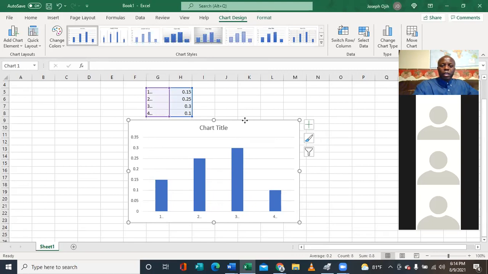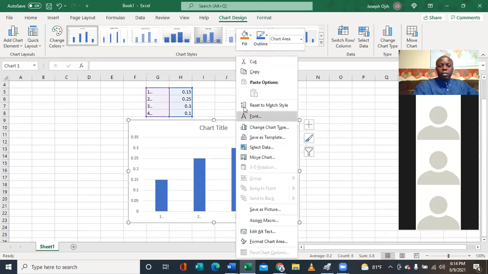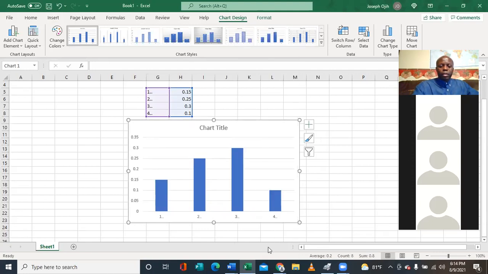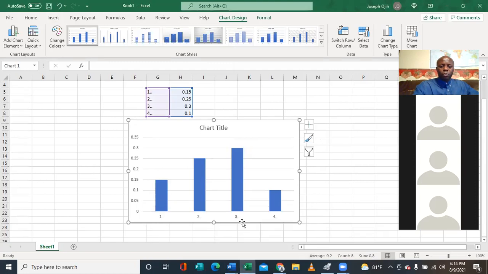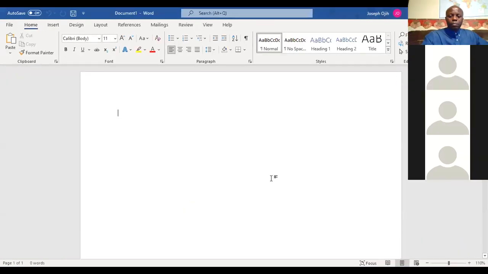You can click here and press copy, and you can go to any Word document you are using and paste it.